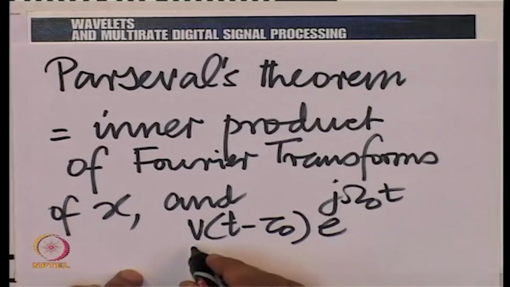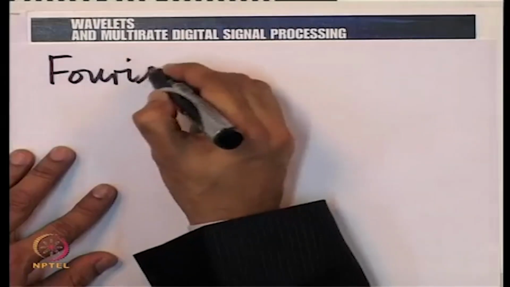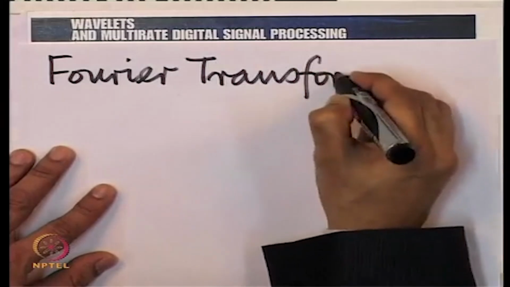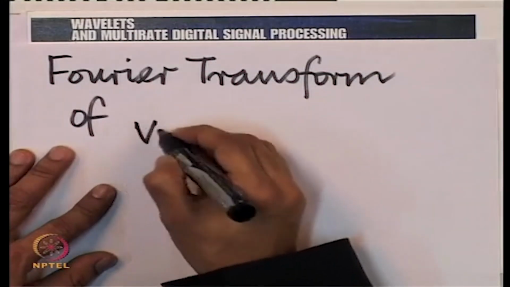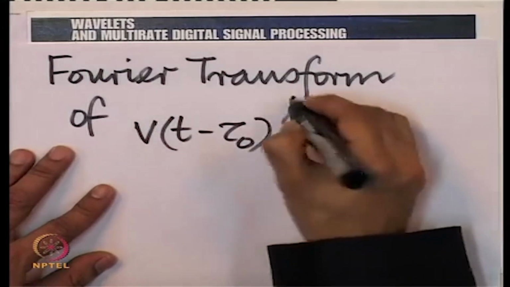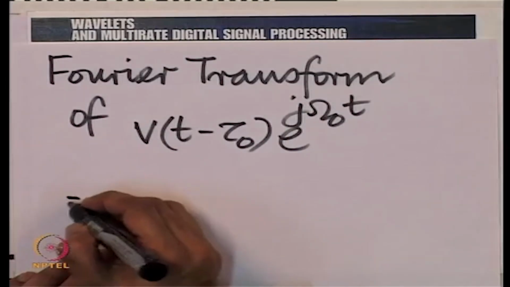Therefore, we need to calculate the Fourier transform of this quantity. That is a task that we need to do. The Fourier transform of V(t minus tau naught) e raised to the power j omega naught t can easily be seen to be the following.